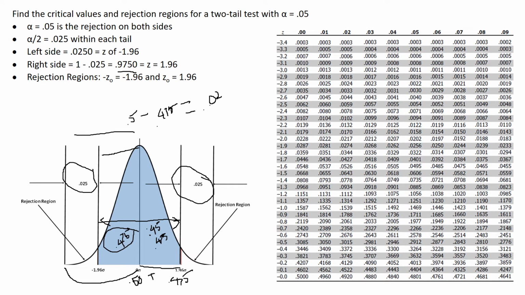So I'm going to see what 0.025 gives me for a score. And remember, if I can find one side, I just find the opposite number to get the other side, the positive. So let's see 0.025.